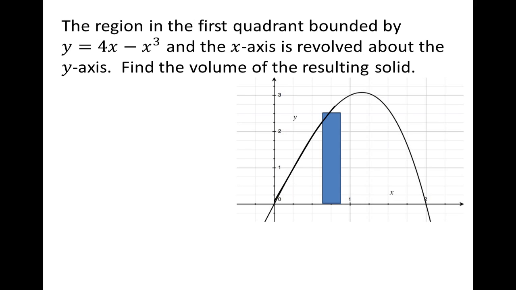So what we'll do is start off by looking at a typical rectangle. In the disc method, we took this rectangle and revolved it about the x-axis, and that would produce a long, thin disc here. But this time we're going to take the same type of rectangle, and since we're revolving about the y-axis, we're going to revolve it around this way, and it generates a different type of creature.